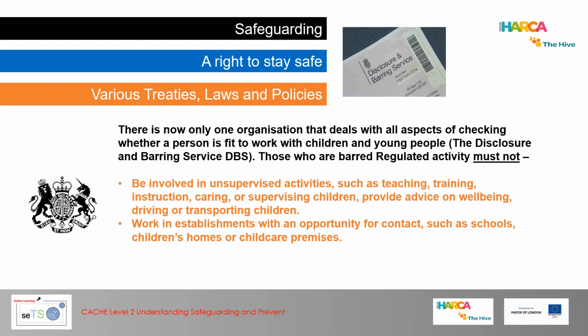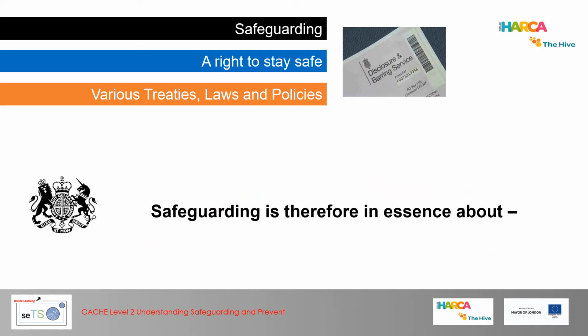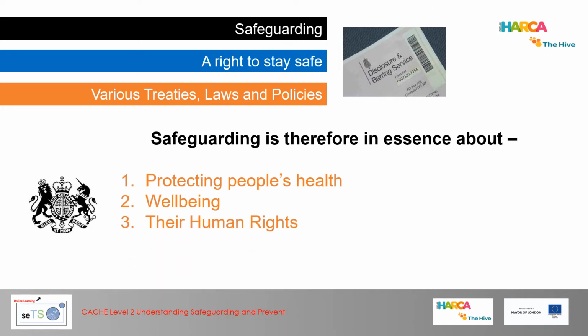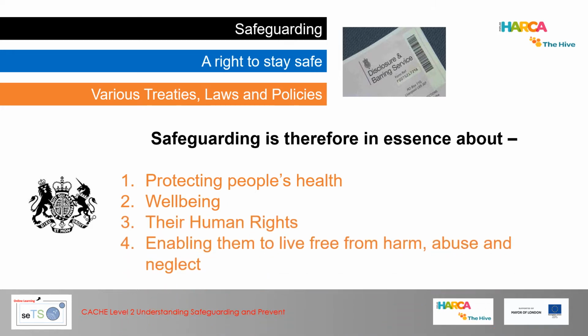They must not work in establishments with an opportunity for contact such as schools, children's homes or childcare premises, provide relevant personal care, or become childminders or foster carers. Safeguarding is therefore in essence about protecting people's health, well-being, and human rights, enabling them to live free from harm, abuse and neglect.